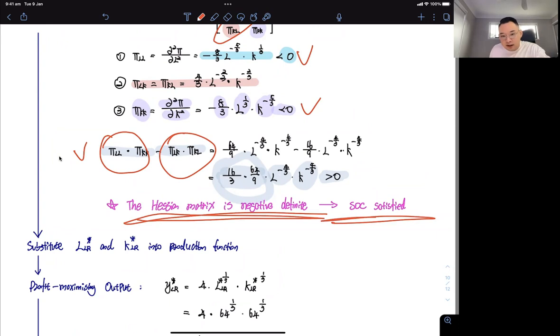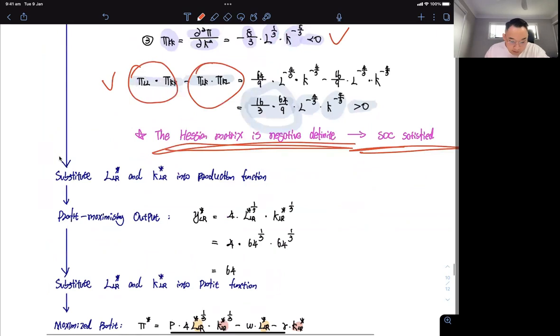These are exactly the 3 conditions required for the second order condition to be satisfied in a long run model. If that's satisfied, we can finally plug L LR star and K LR star into the production function. Then we get the profit maximization output. Y LR star equals 4 times L LR star to the power of 1 over 3 times K LR star to the power of 1 over 3.